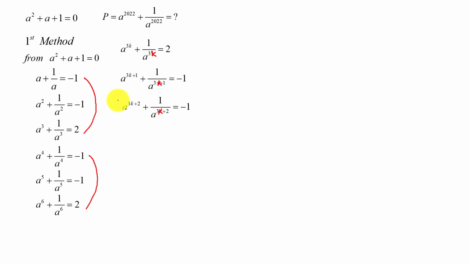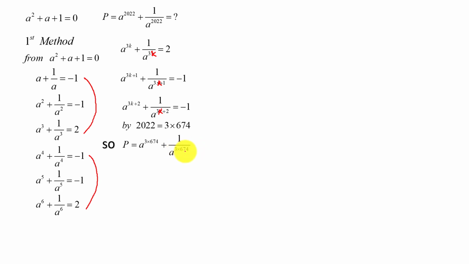Then we see 2022 equals 3 multiplied by 674, and so we get a power p equals a^(3×674) + 1/a^(3×674).